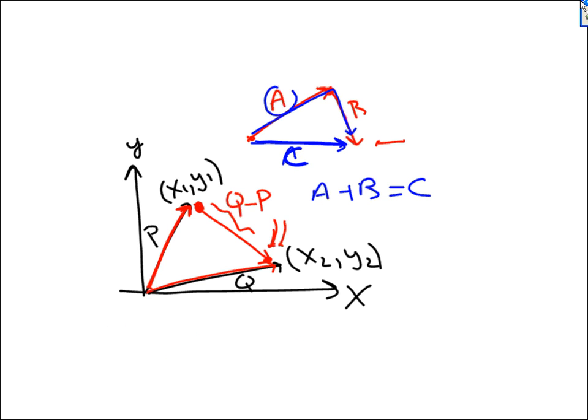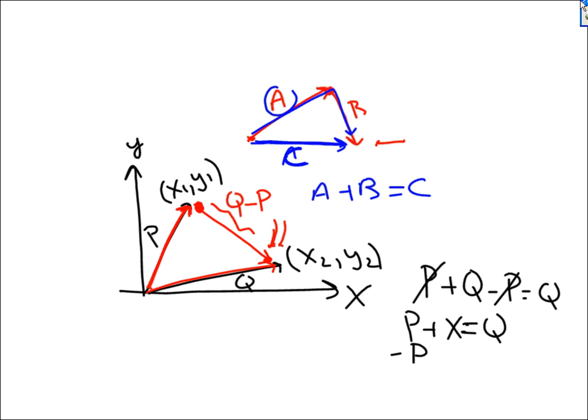And if you don't believe this is true, P plus Q minus P, well, P minus P cancels, and you get Q. If you hated the way I did it, call it x, and then solve for x by taking away P from both sides. If you have vector P and you add Q minus P, you will get Q.